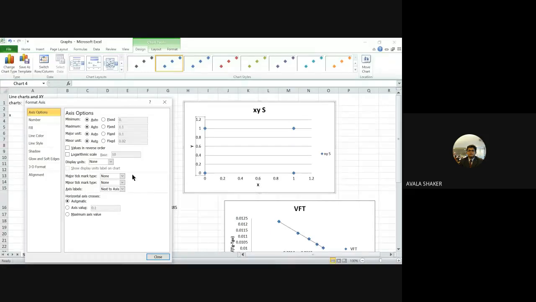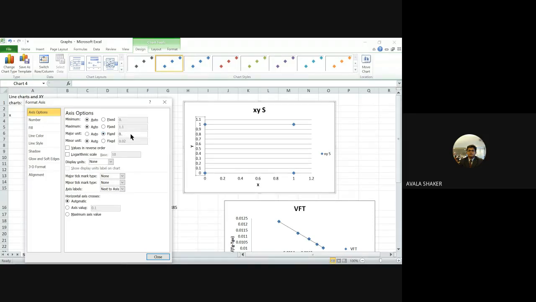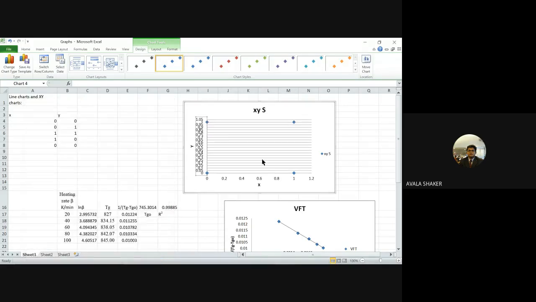Now you can see here the major unit is 0.1. If I make it 0.05, you can see that you have more gridlines.